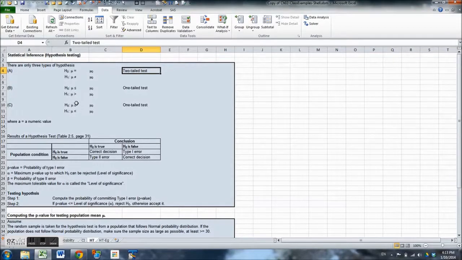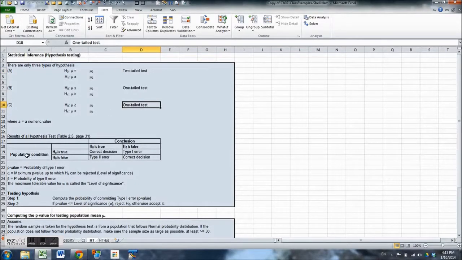And similarly, the third form is when the null hypothesis is mu greater than or equal to some given value against the alternative mu less than that value. And once again, since this alternative is less than, that is also a one-tailed test.